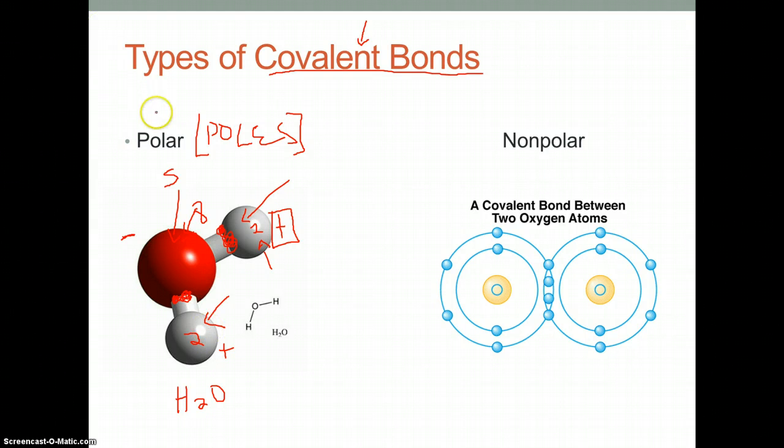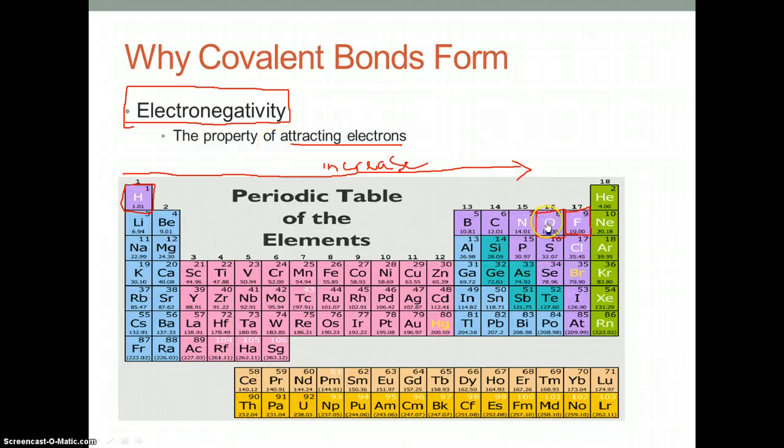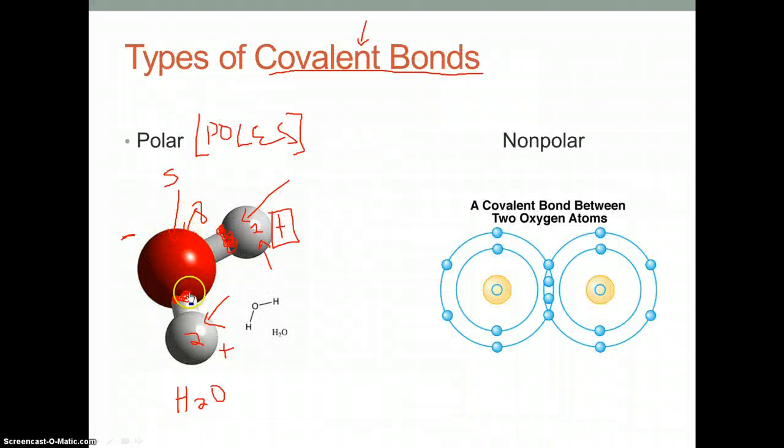But like we said, oxygen has a strong electronegativity and hydrogen has a weak electronegativity. So oxygen pulls at electrons a lot more than these hydrogens do, and this creates a charge. It's like having a tug of war competition.